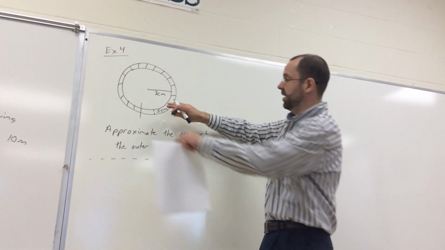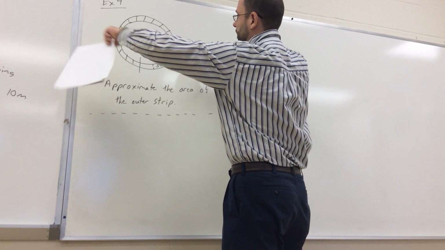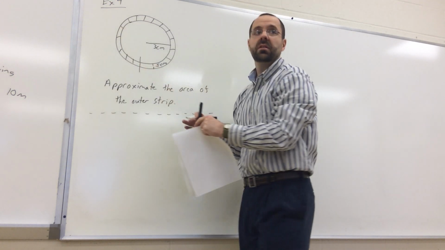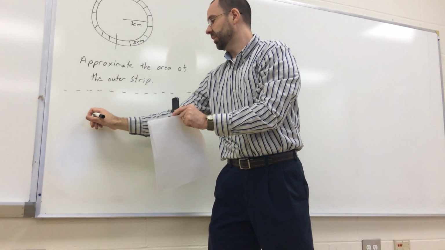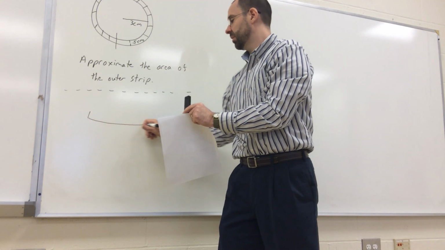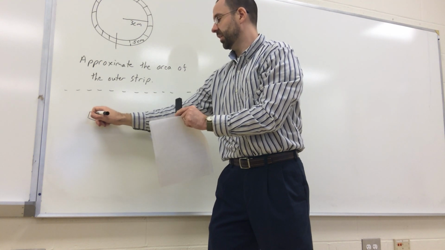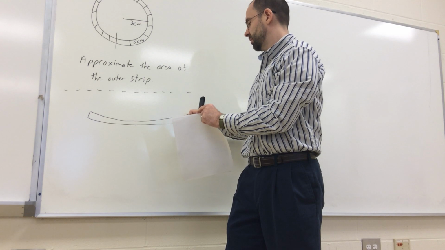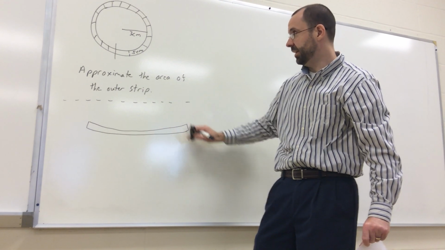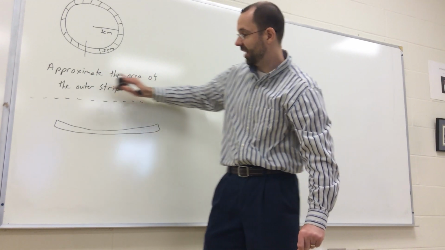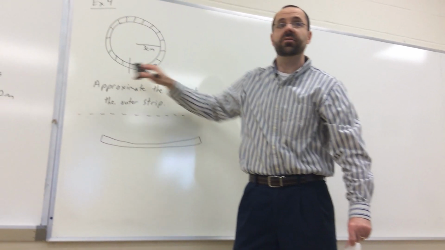And then I'm going to take this and fold it outwards. So if I did that, it would kind of look like this. It's not completely physically possible to do this, but it would end up kind of looking like this. So the idea is that I cut right here, and I could curl this back around to make that, right?